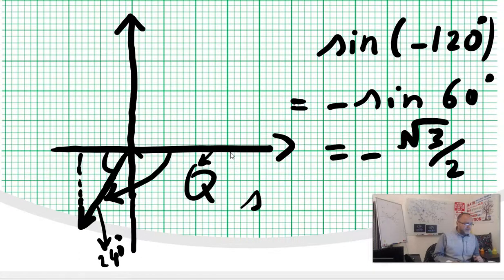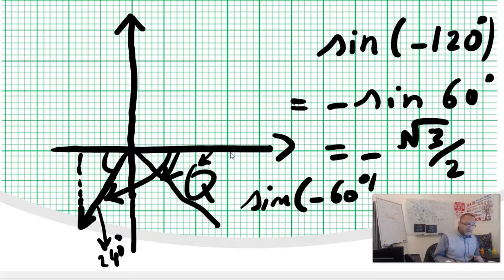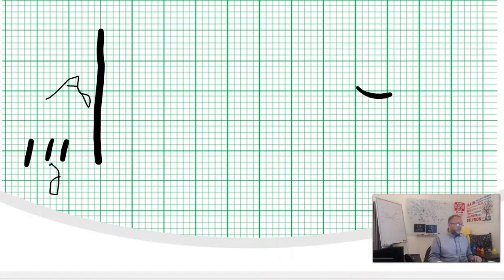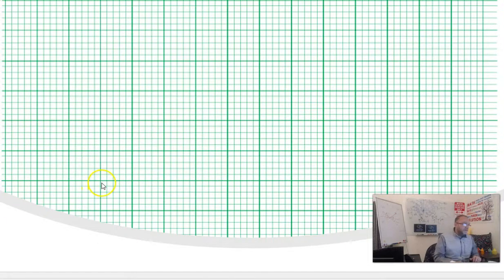If you just go minus 60 from here to here, sine of minus 60 going clockwise in quadrant 4 is still minus sine of 60 because the vertical component is in the negative. So it's still minus square root of 3 divided by 2. So for the sine, it's working. However, let's do it for the cosine with the same number. Let's do cosine.